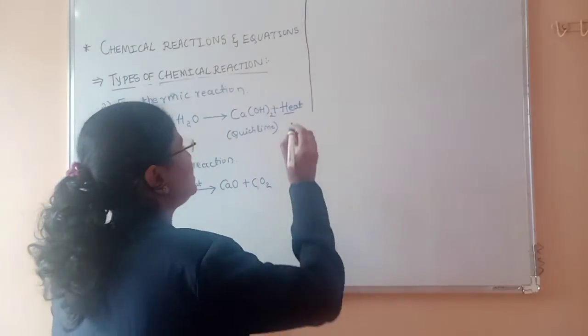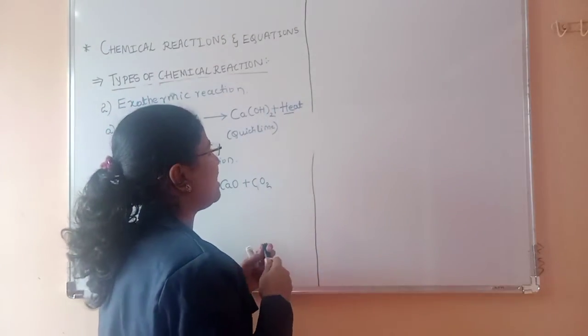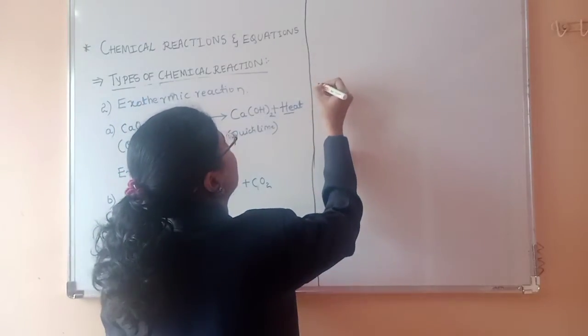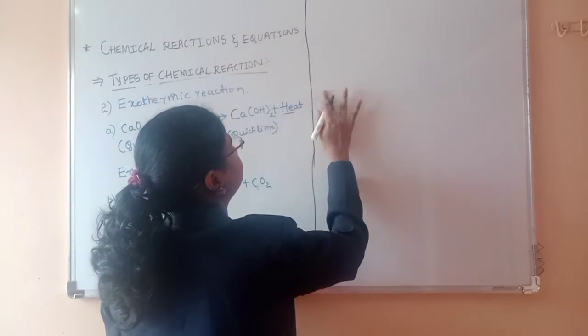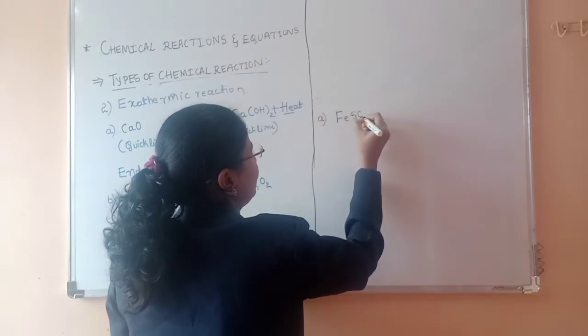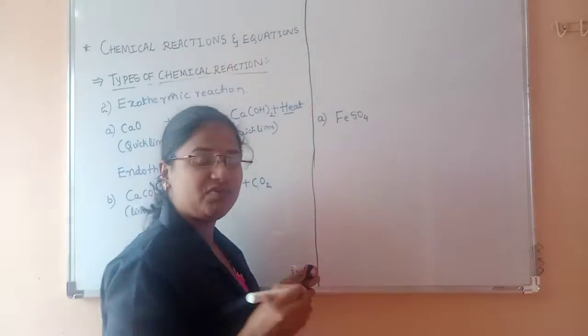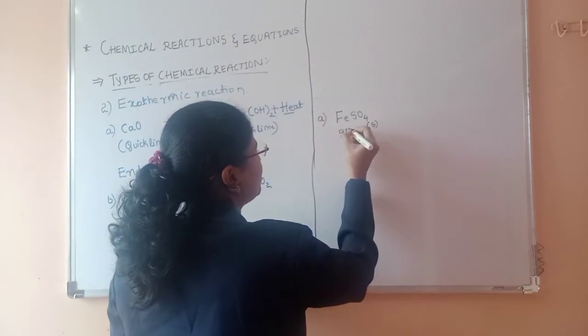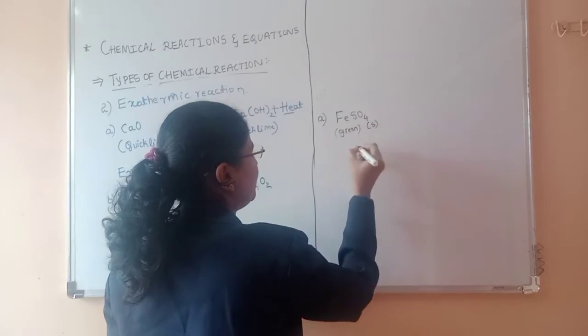Similarly, we will consider a few examples. Let us consider iron sulfate, which is green in color, taken in solid form. The original color of that powder is green.